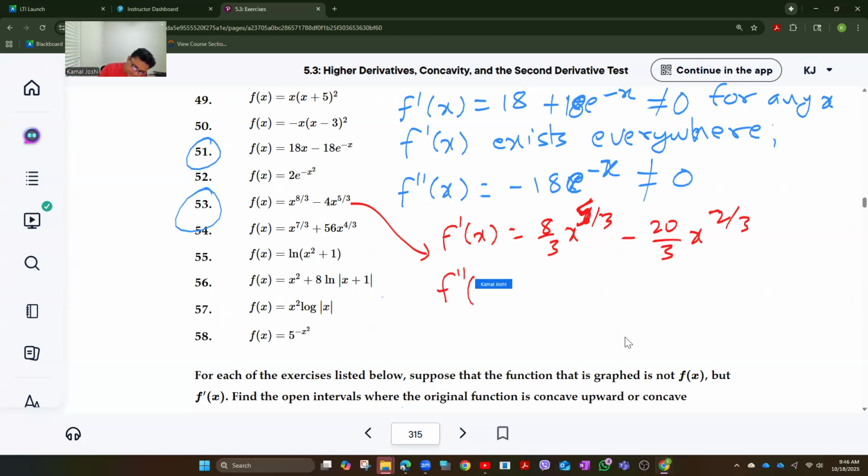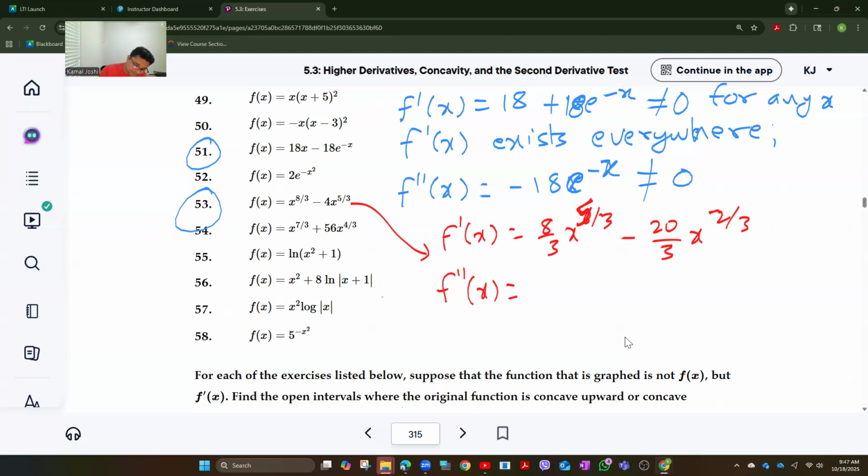Now notice that those values are still positive exponents, so that is defined for all values of x. Again, cube root, so there's no problem. Both x's have positive exponents, so the first derivative is also defined for all values of x.